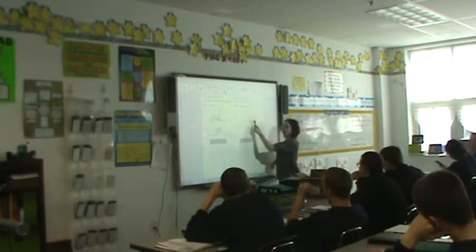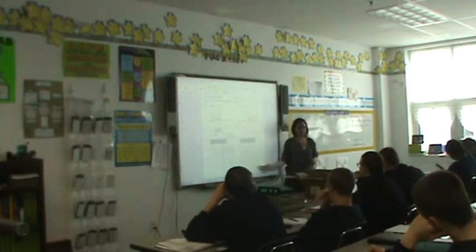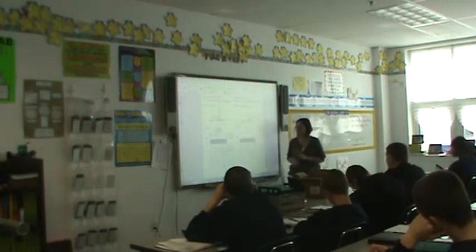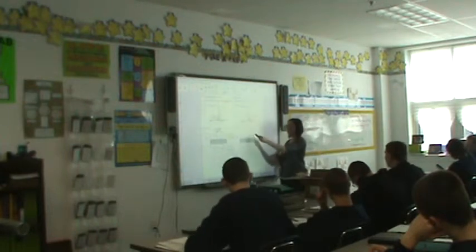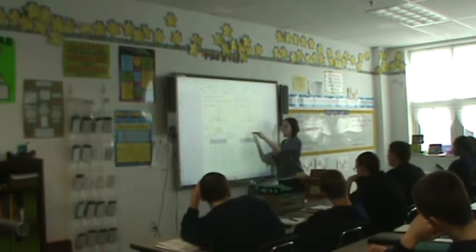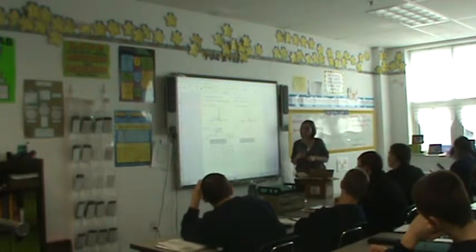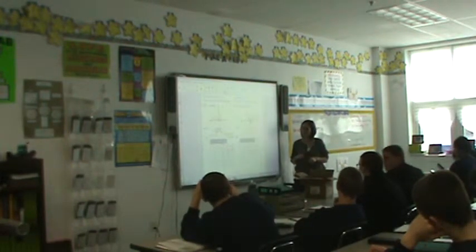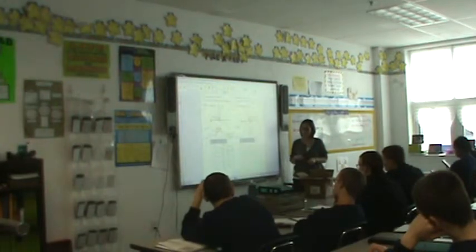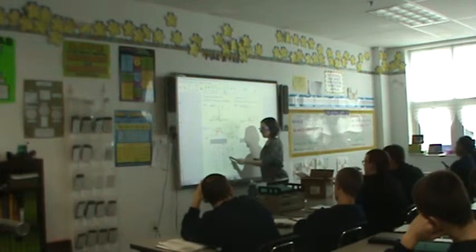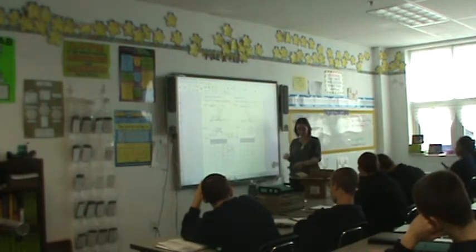The two graphs have that in common. Where do I put the 2 in the table? Next to 0. And now the growth factor is not 3, it's 1/3. Yes, so this growth factor was 3, which means we multiplied each output by 3 to get the next output.